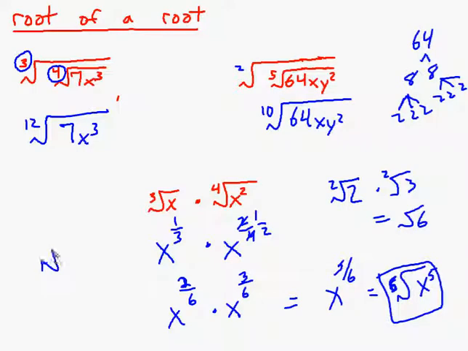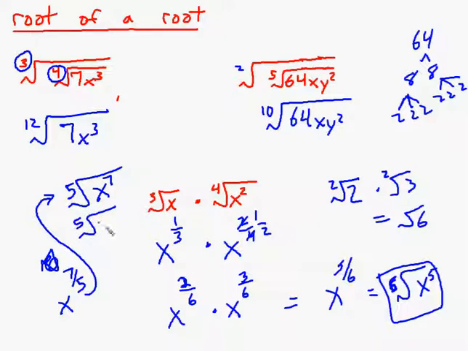But let's say, for example, I had done all this and I had gotten x to the 7/5. That would not be the answer. What I need to do is go back to radical form, split that up, and the 5th root of x to the 5th is x.